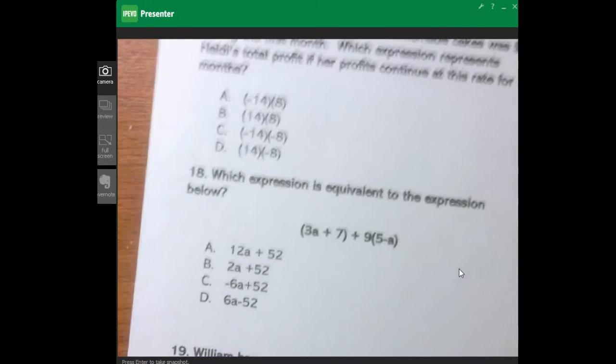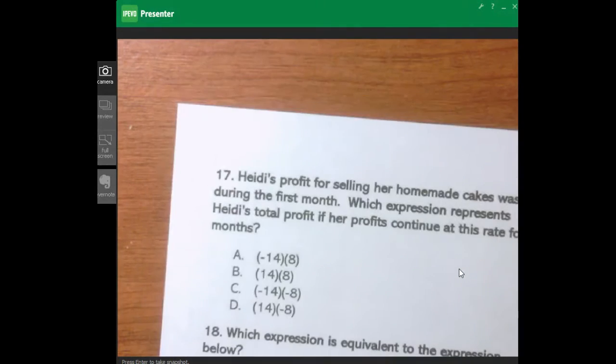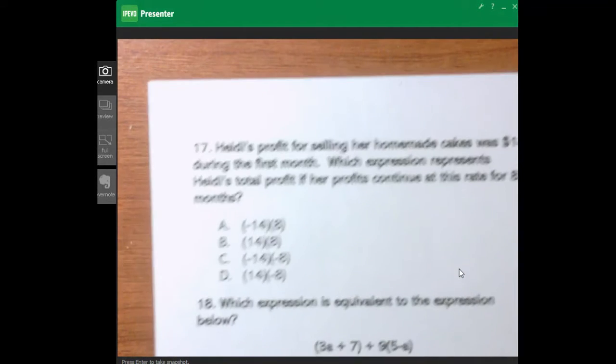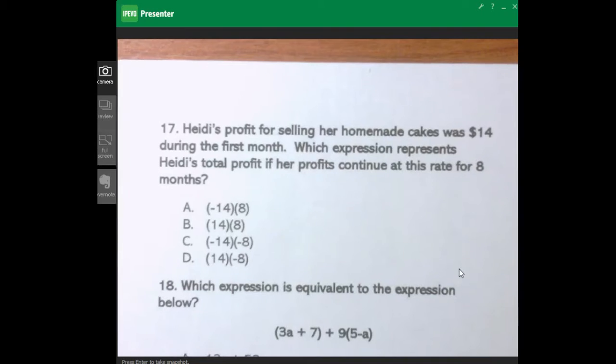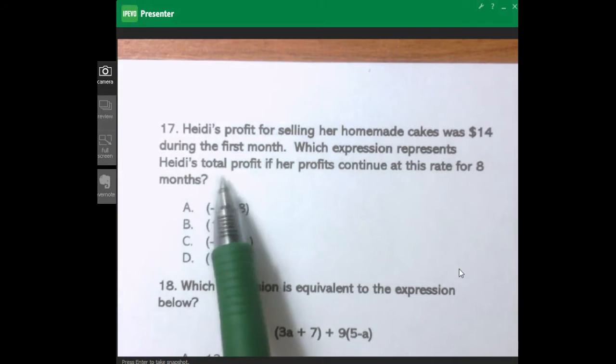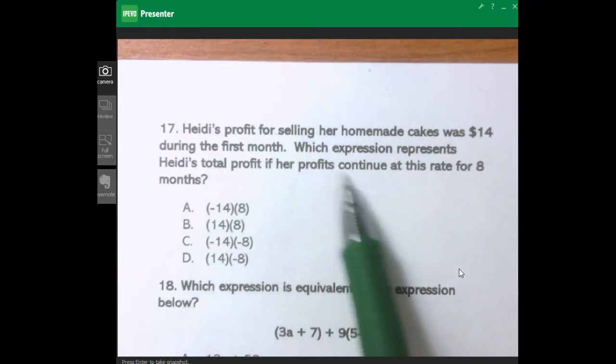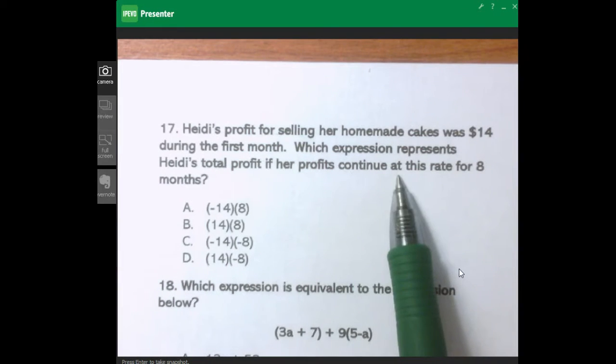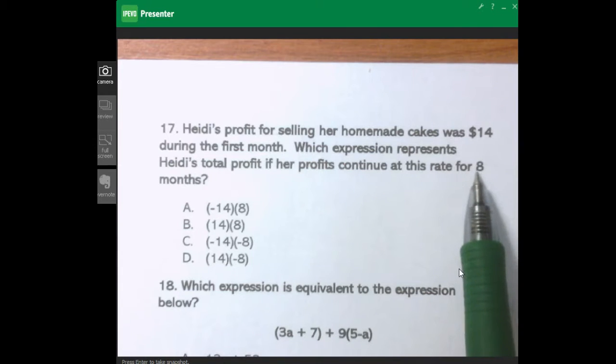All right, number 17. Heidi's profit for selling her homemade cakes was $14 during the first month. Which expression represents Heidi's total profits if her profits continue at this rate for 8 months?